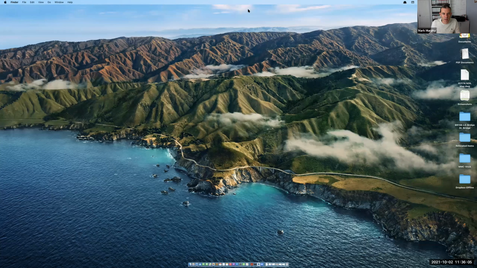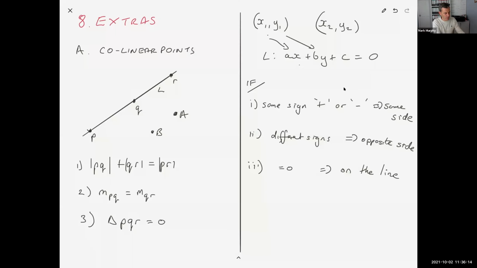Okay, I'm going to change back to the other page. Okay, so let's do some examples. And as I said, I did the 2020 paper this morning myself, so I haven't checked if the answers are correct. I think they are right and they look right. So let's move on. Okay.